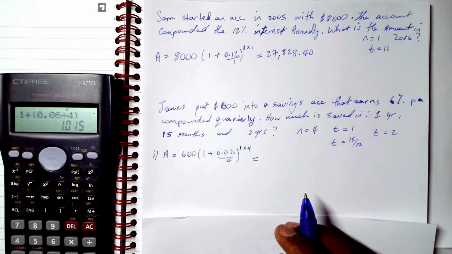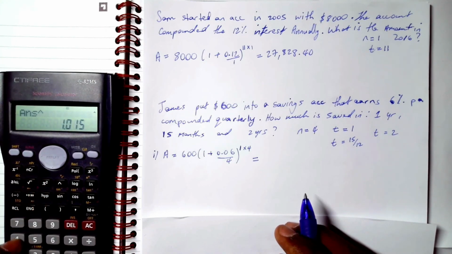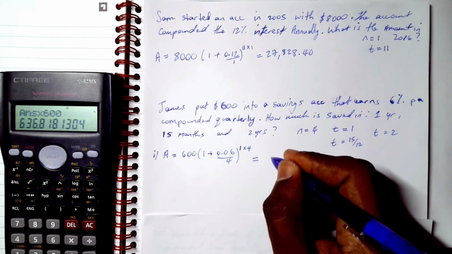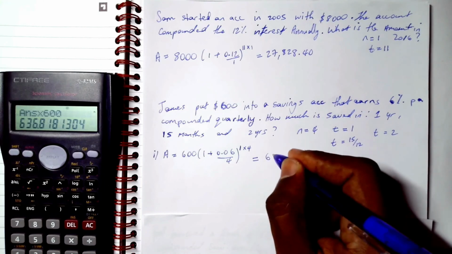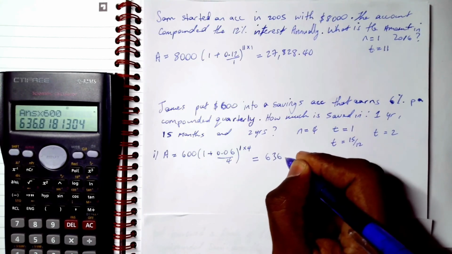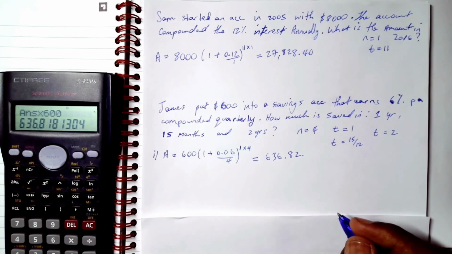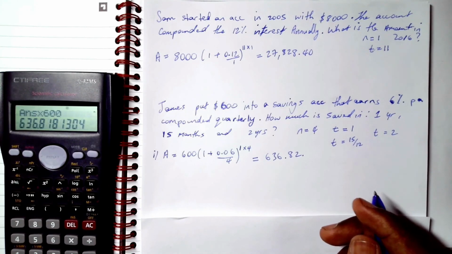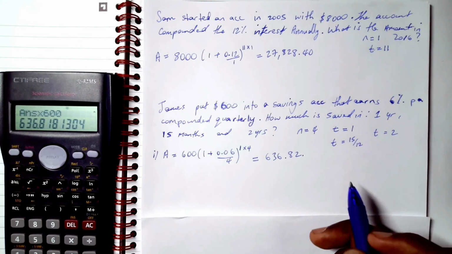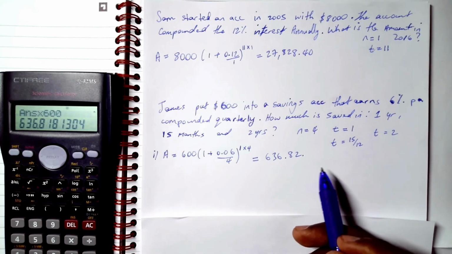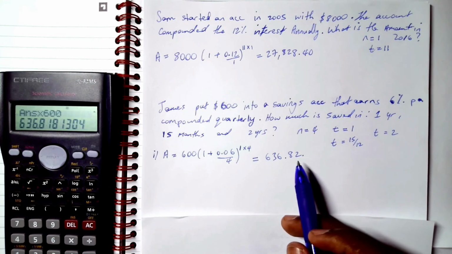Is that correct? Yes, raise that to the power of 4 times 600. That's gonna be 636.82. They didn't ask for any interest, so we'll just leave it like that. However, if they did, the interest would be 36.82, because we just subtract the 600.